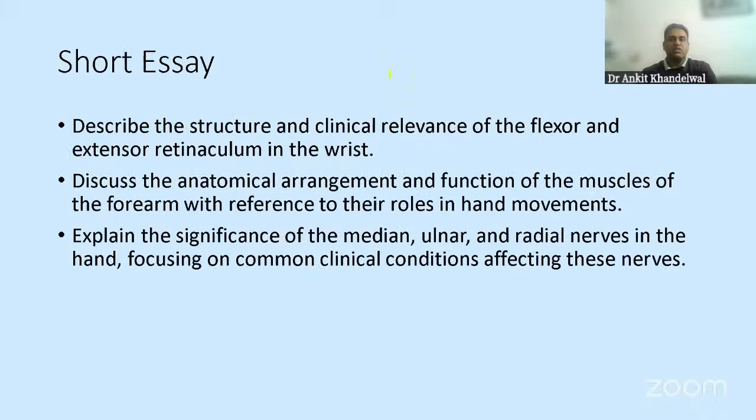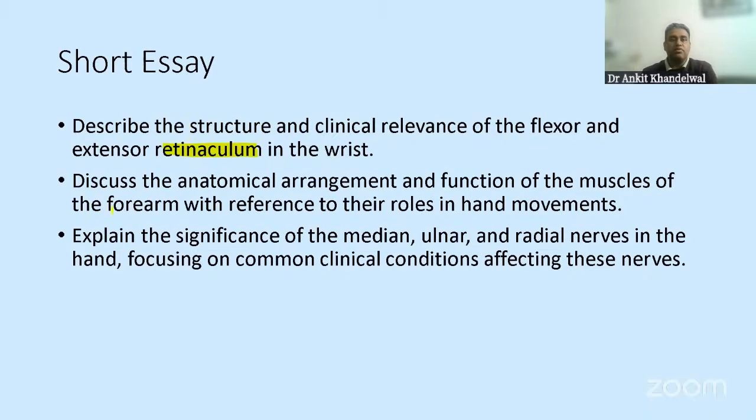The type of questions that can come is around the wrist, because these are practically very important, mostly in sports injuries and in accidents also. We have wrist problems, pain or fractures. Therefore we have the retinaculae around the wrist, which are actually the deep fascias holding the tendons, so the anatomy of that.